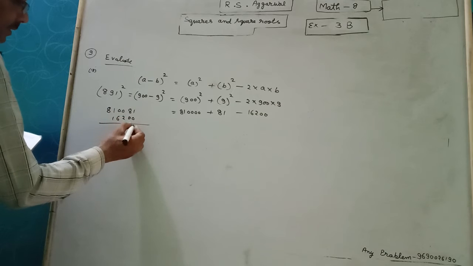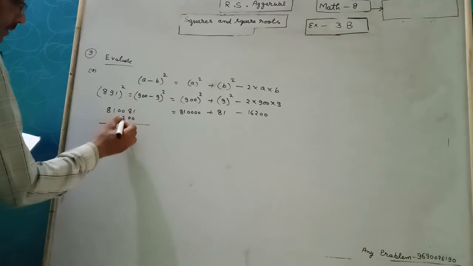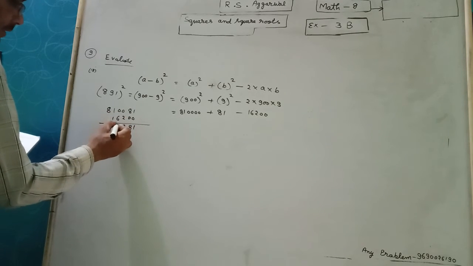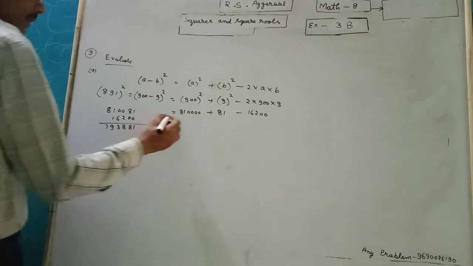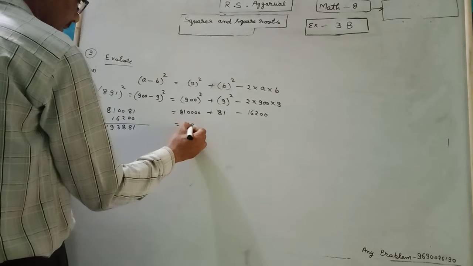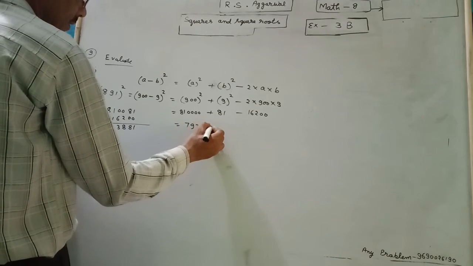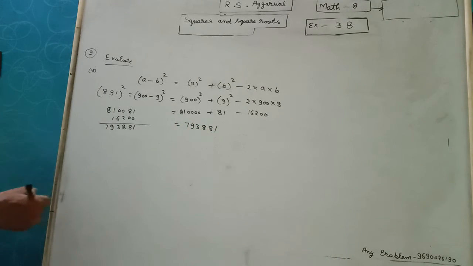After minus, the answer is 793881, which is the square of 891. Question number 9 is complete.